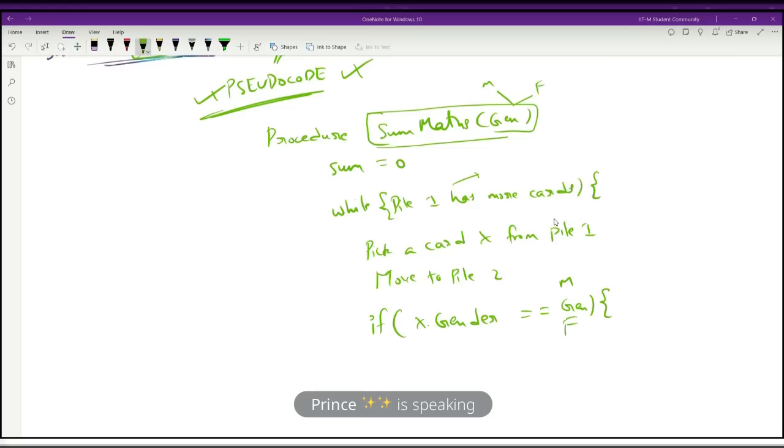Now, if we found a card which is relevant to the result that we want to obtain, what should we do now? Sum is equal to sum plus x dot maths. If you answer along with me, or make up a suitable answer, then it implies that you are very much perfect in the previous classes as well.